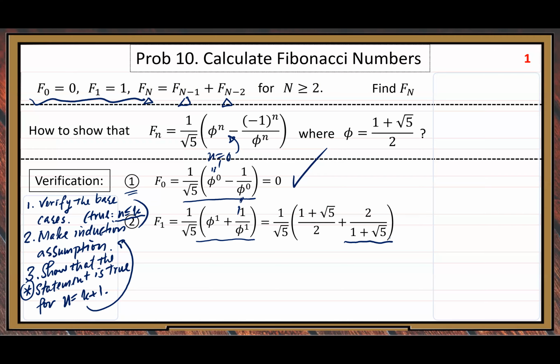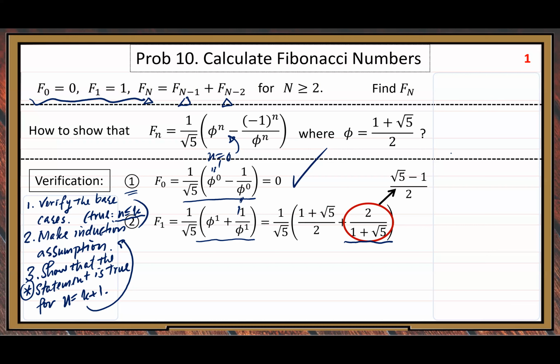We know what a rational number is, right? So here we want to rationalize the denominator. How to do it? There is a standard technique: we multiply by the conjugate.